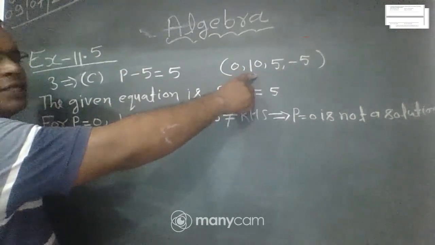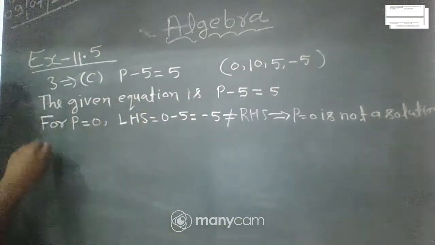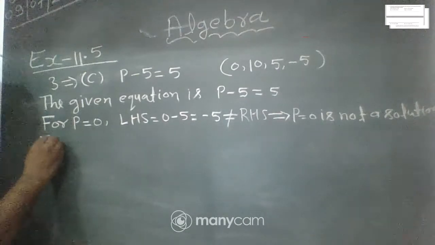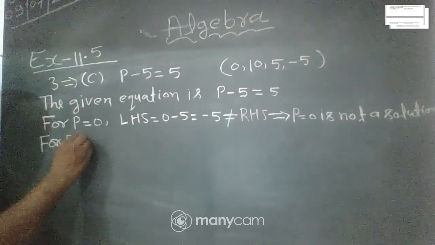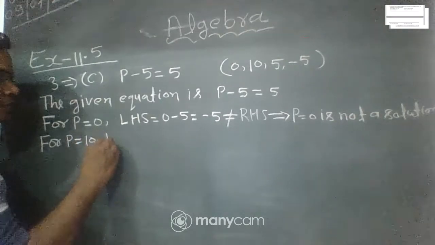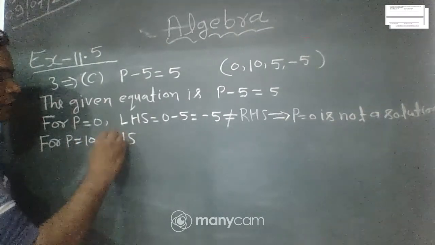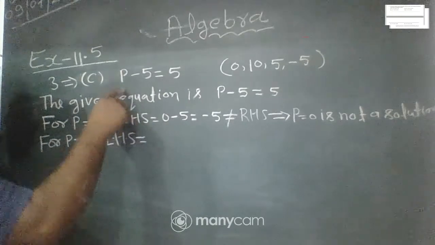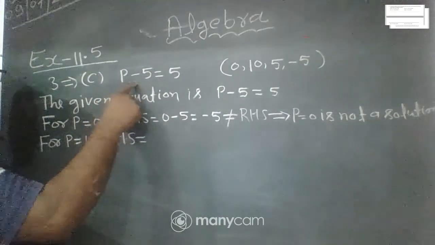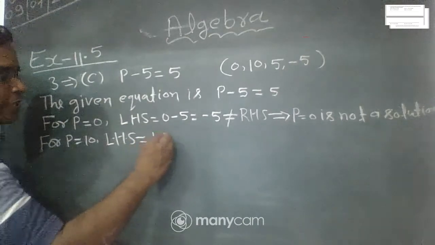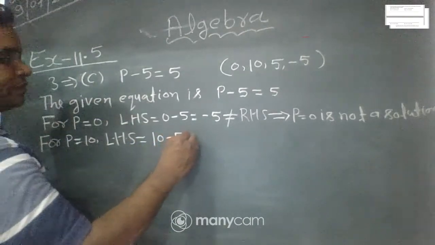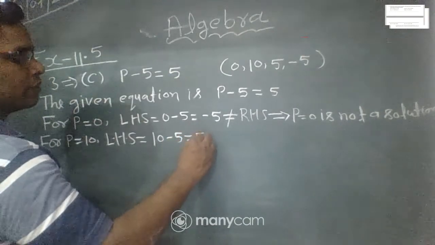Now we take the next number. The value of p is 10. So you write here, for p is equal to 10, the left hand side is equal to, so we put the value of p as 10. This is the left hand side, so it becomes 10 minus 5. So we obtain here 5.